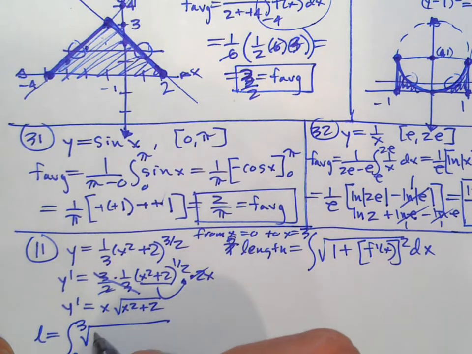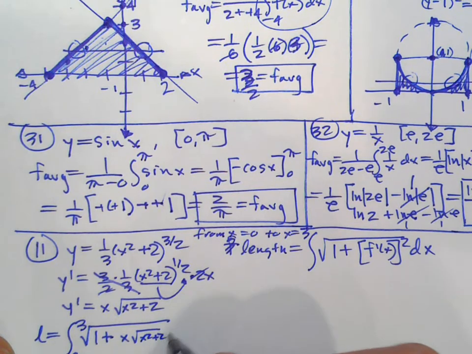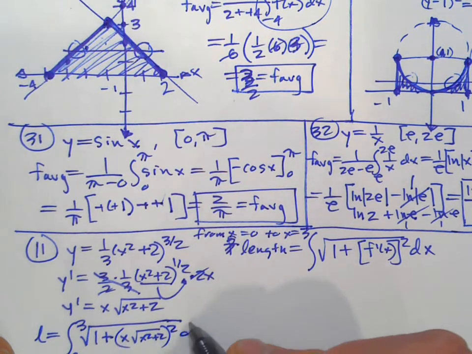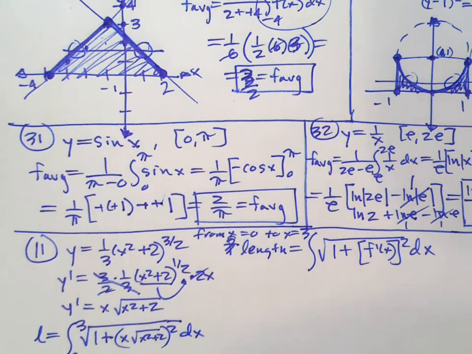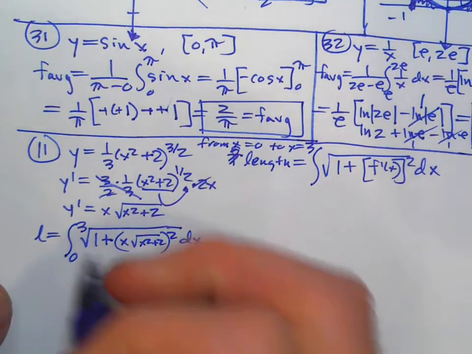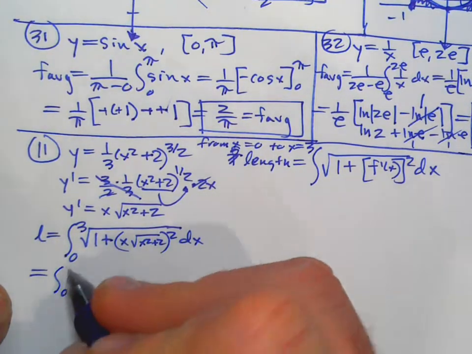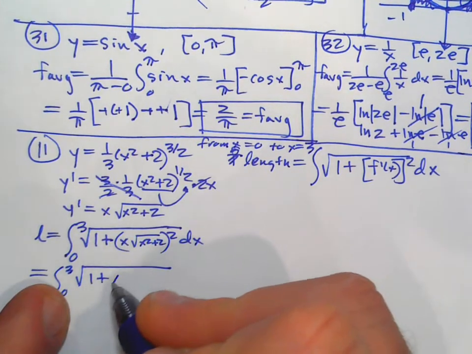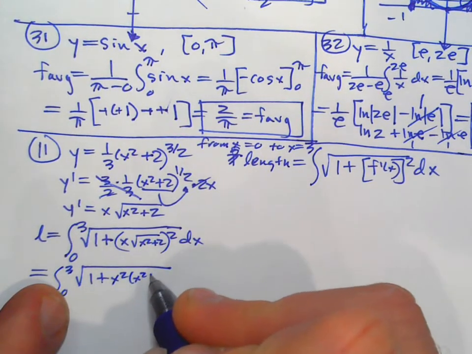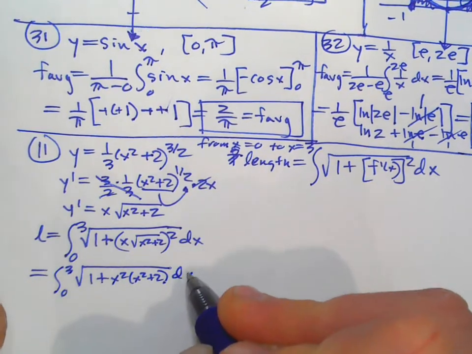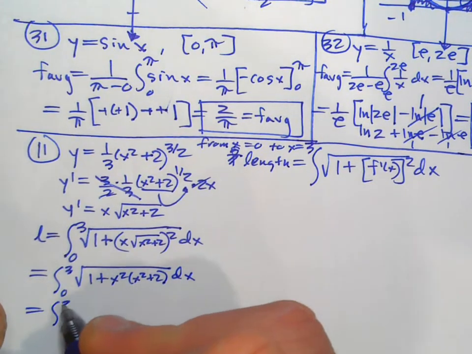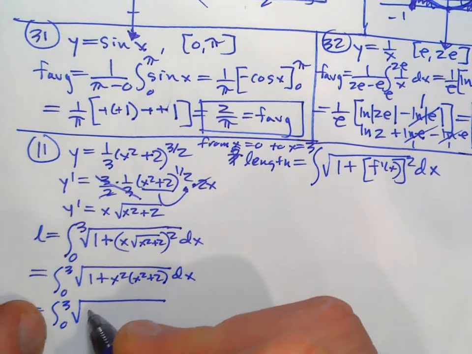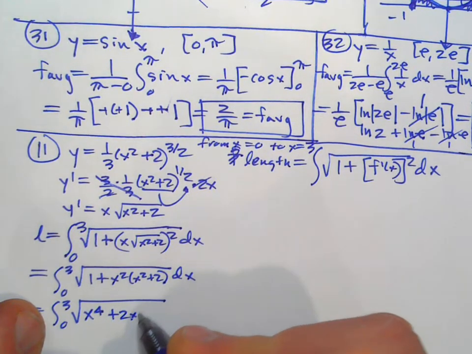the square root of 1 plus the derivative, x times the square root of x squared plus 2, squared. So we're probably going to have to do a little work on this. So that's going to be 0 to 3. This is going to be x squared times x squared plus 2. And so this is going to be x to the 4th plus 2x squared plus 1.